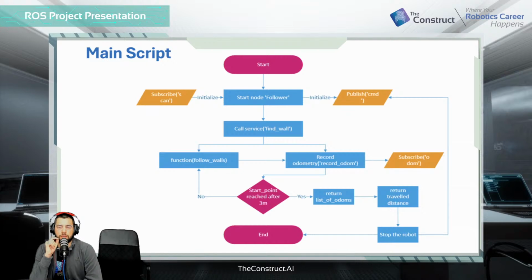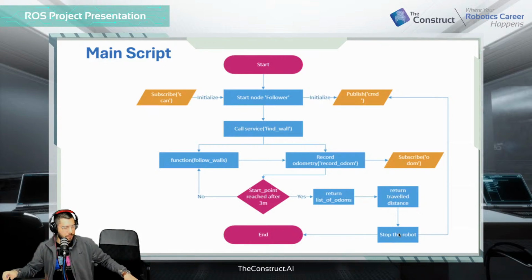It also checks whether the starting point is reached after 3 meters, because it's not logical to start checking the moment you start, since the robot would not move. After 3 meters, the robot starts checking whether we have reached the starting point. If it is reached, it returns a list of odometry, sensor readings, and the distance traveled, and stops the robot. So this is the main script.